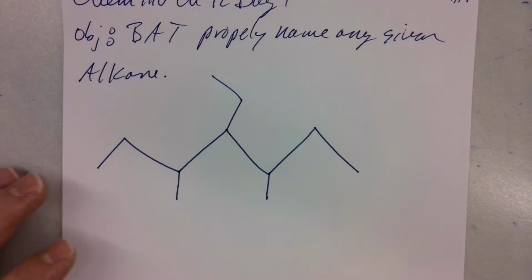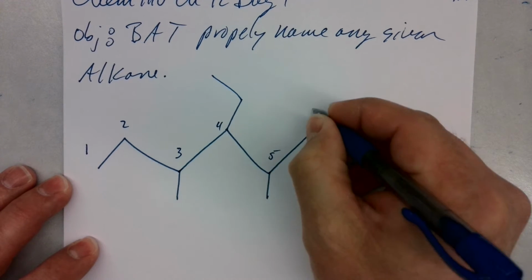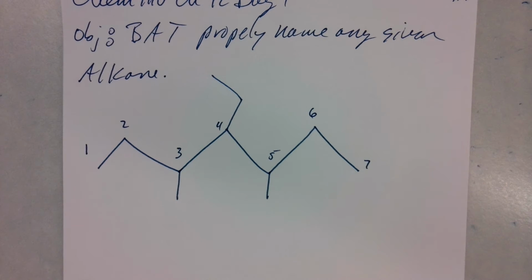Okay? Now, 1, 2, 3, 4, 5, 6, 7. Okay? Can I get a longer chain than that anywhere? I can't. Now, because it's human nature, we always seem to number things from left to right, just like I did, right?